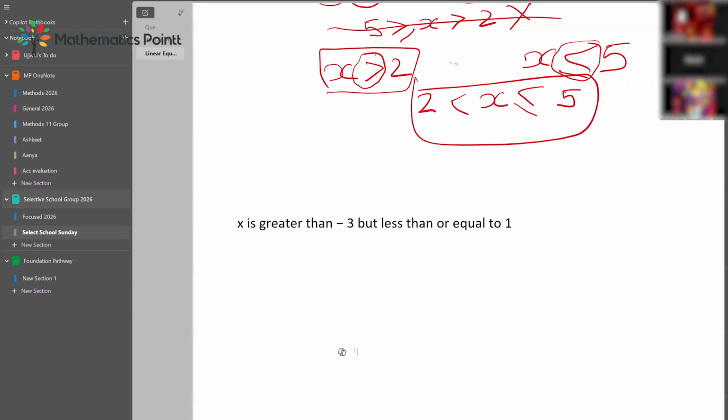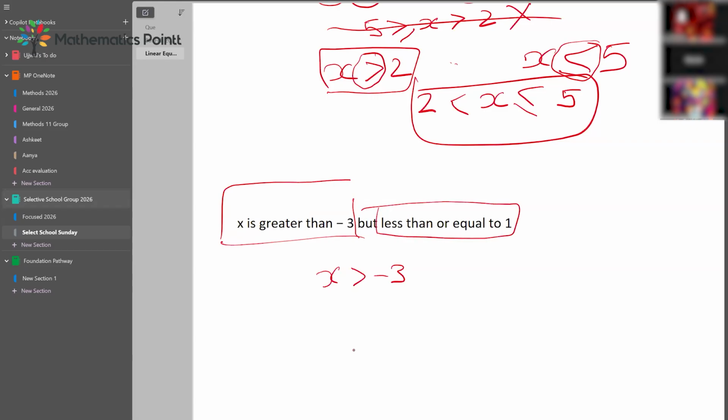So what I will do is I'll simply break it down into the first part and I'll say X is greater than -3. X is less than or equal to 1. And I just combine them now and say, okay, which is the smaller number out of the two, -3 or 1? I say -3. So I'll place them at the corners.